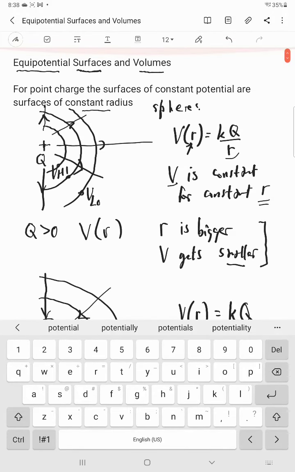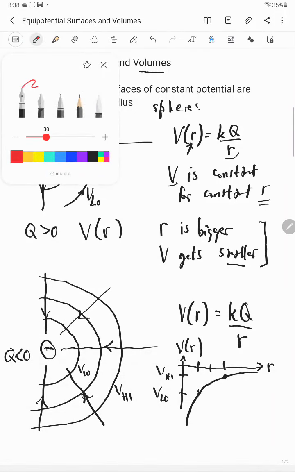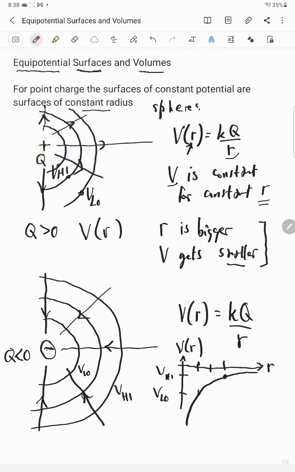If you look up here in the top drawing, you can see the field line is outward, and it is pointing the way from higher potential values to lower potential values.